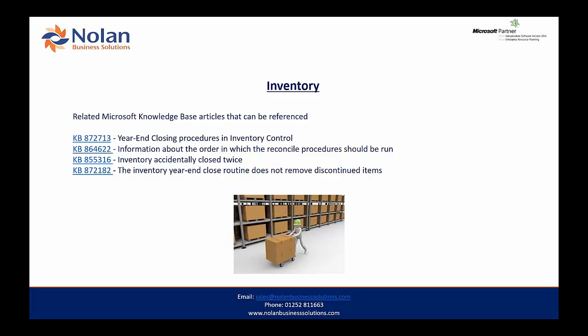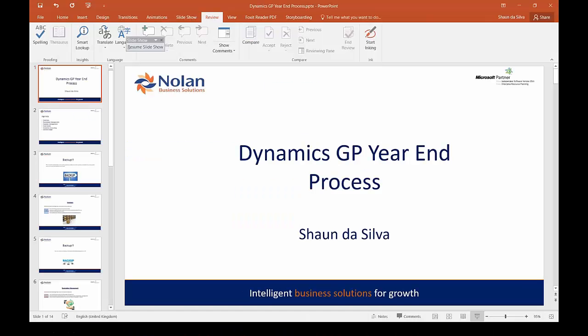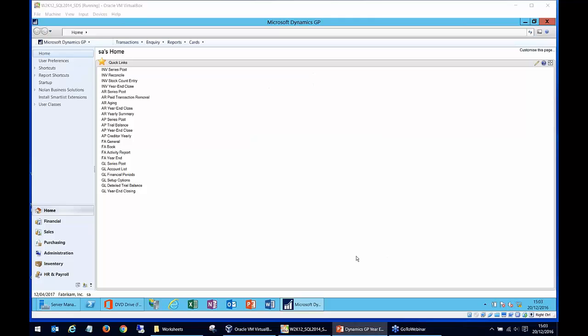If I jump to Dynamics, for every module, the first thing to start off with as part of a year-end is to post all the transactions that are required to be posted before doing any kind of year-end routine.